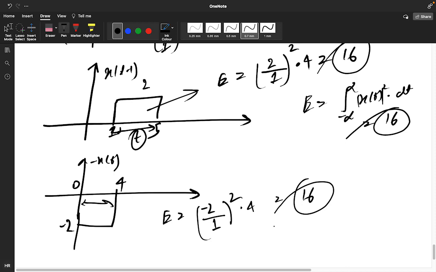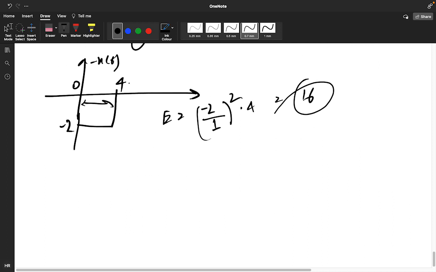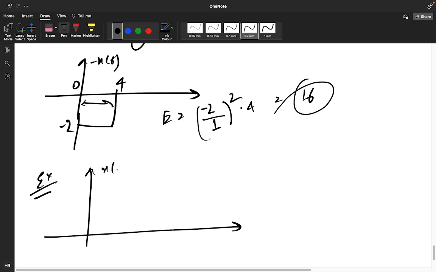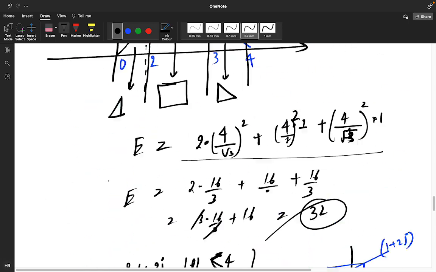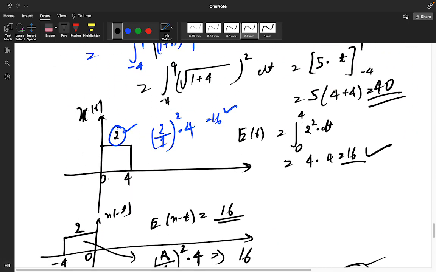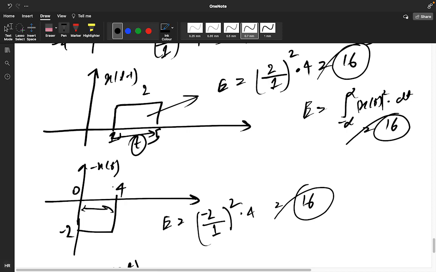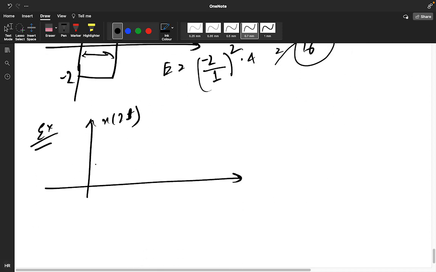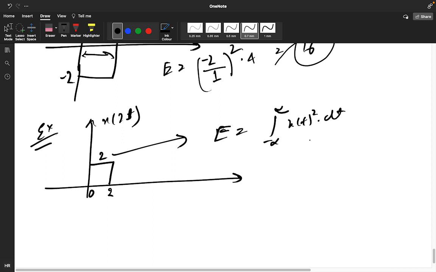Now if I am giving you a particular energy, for example, if you need to find the energy of x of 2t, what will happen with this curve? x of 2t means 0 will become 0 and 4 will become 2. Compress. And this will be 2. What will be the energy of this? Integral from minus infinity to infinity of x of t, the whole square, dt.